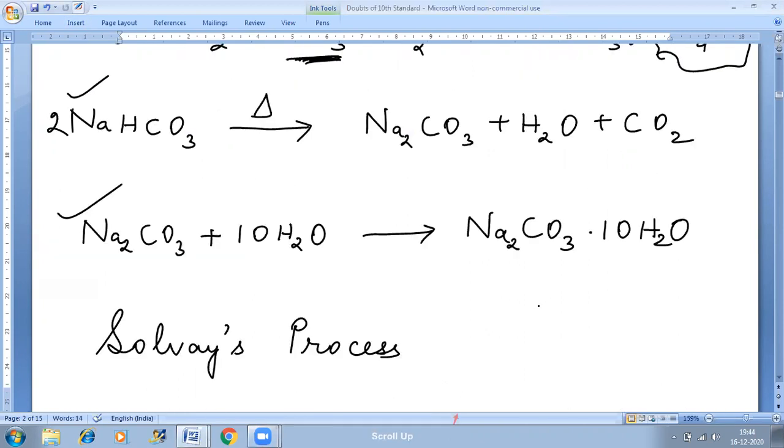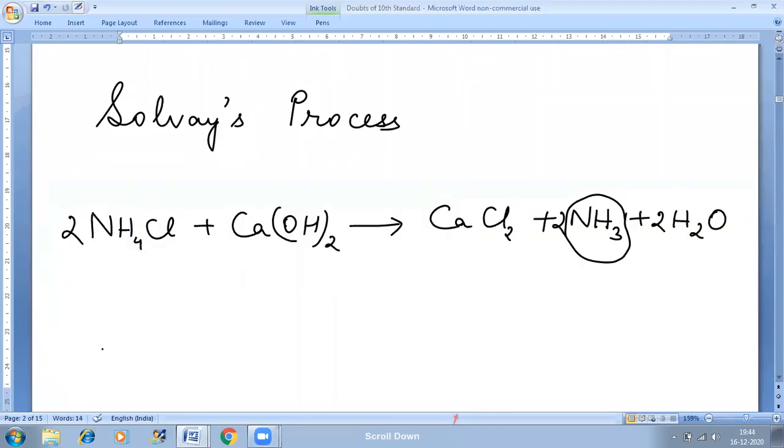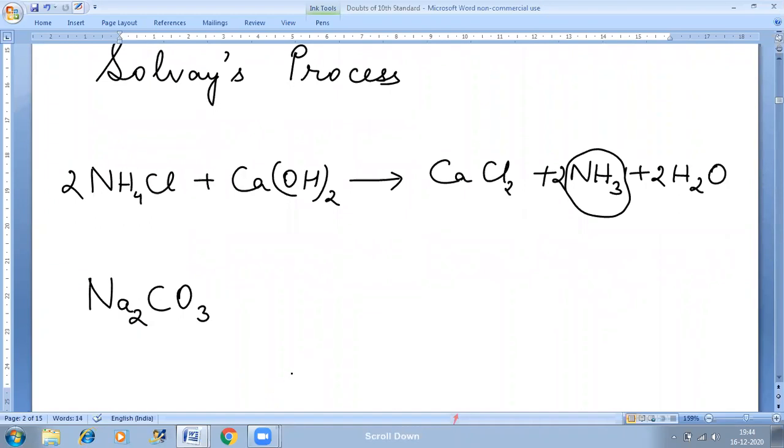Just remember, if I just write Na2CO3, this is not washing soda. Please keep this in mind. This is not washing soda. Why? Because I have written only Na2CO3. If I write Na2CO3.10H2O, then it will be washing soda.